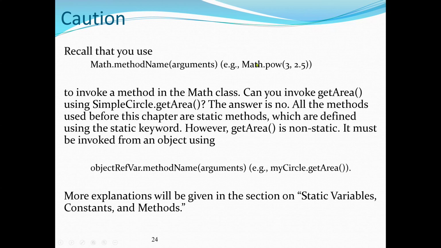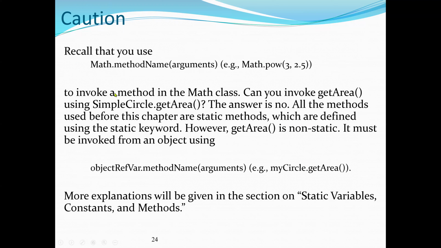We don't need to create an object for the Math class. The reason is that the Java library methods are static. Static means we don't need an object to use the method.